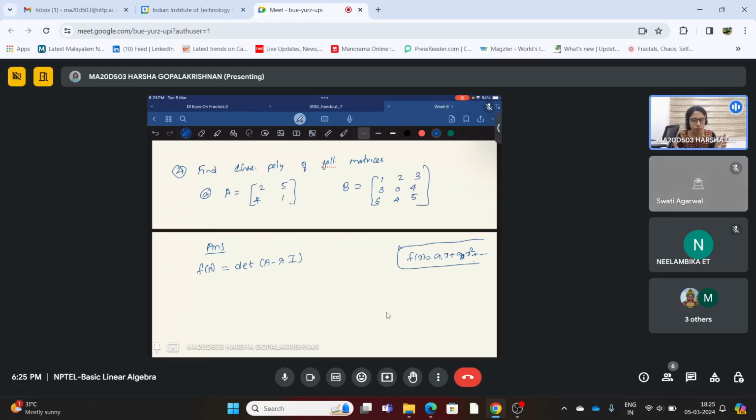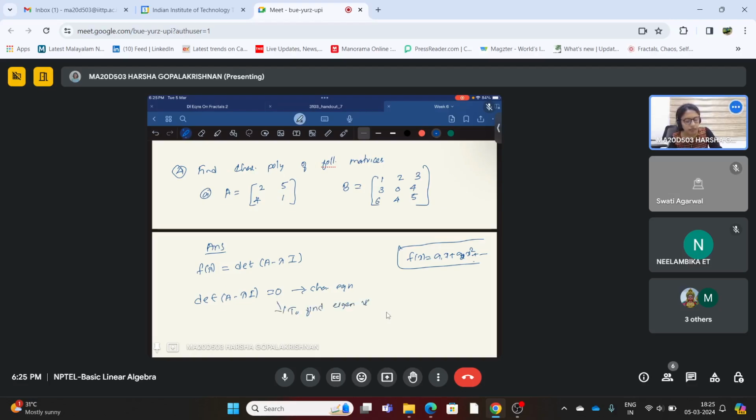The characteristic polynomial is f of lambda equal to the determinant of A minus lambda I, and the characteristic equation is the determinant of A minus lambda I equal to 0. That means we have an equality equal to 0. So this we will use to find the eigenvalues.